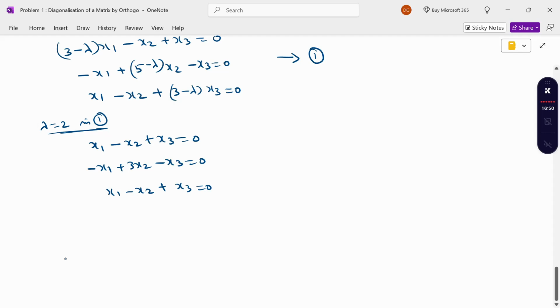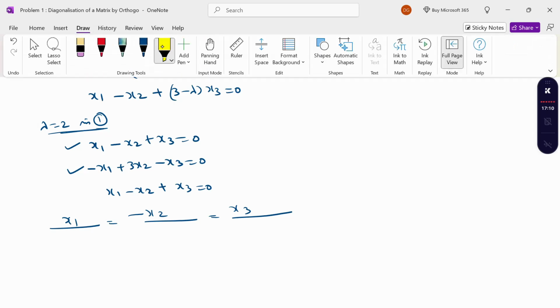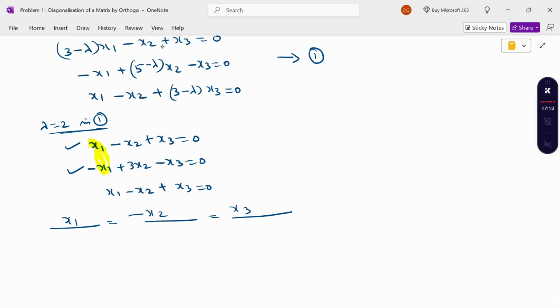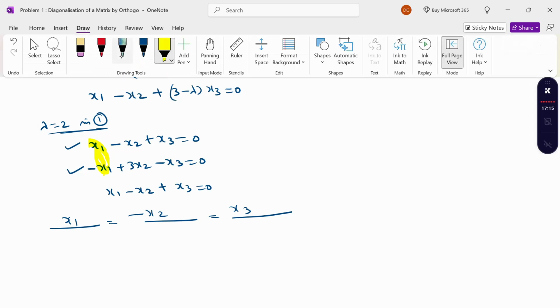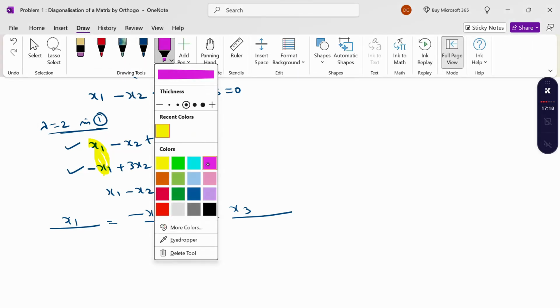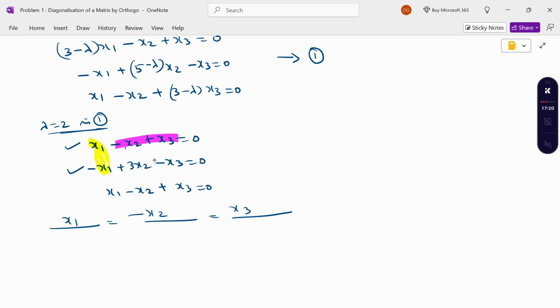Now choose any two equations, but the problem is equations 1 and 3 don't choose because both equations are similar. Therefore choose 1 and 2. When I'm choosing 1 and 2, x1, x2 and x3. To find this, when I consider this x1, I have to take this part, I'm going to take the minor matrix.